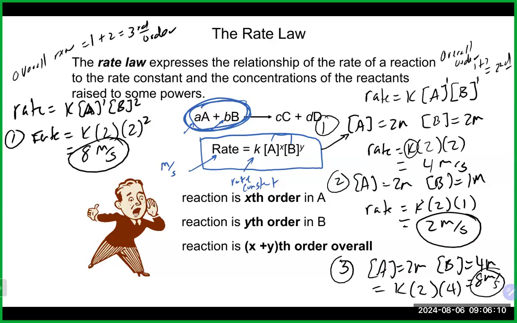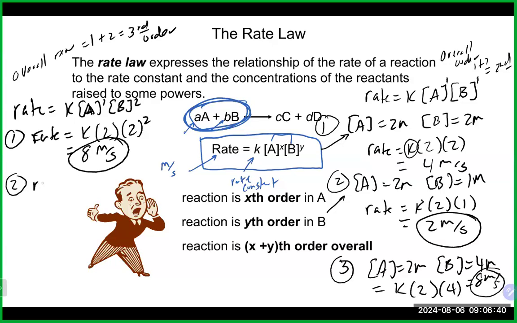In this particular case, because B is second order, even though we started with the same concentrations as the one on the right, we actually have twice the starting initial rate, right? So this reaction out of the gate is going to be twice as fast as the previous reaction that we did on the right-hand side. We will also see a greater change if we did the same thing where we cut the concentration of B in half.